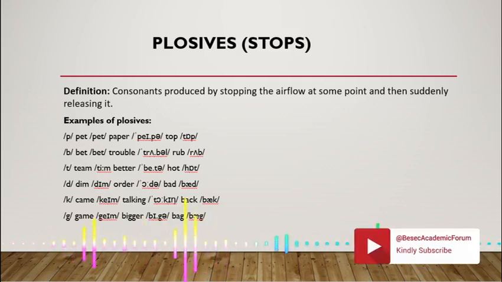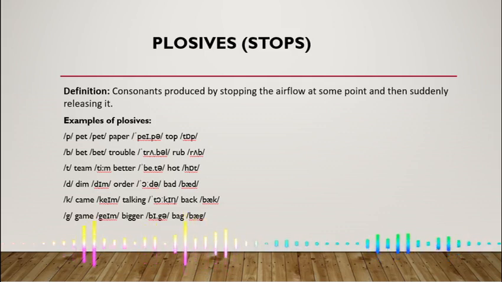Another example, we have K, as in came, talking, bed. Then we have G, as in game, bigger, and bag. So these are the plosives that we have.